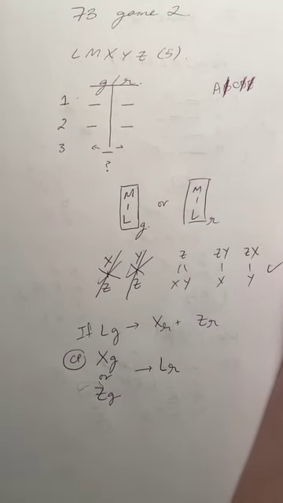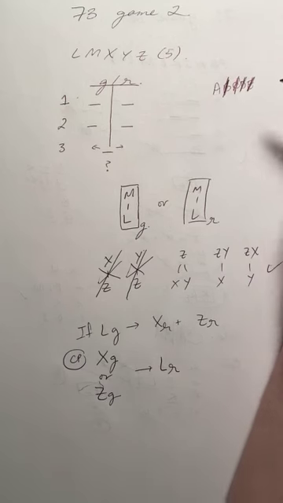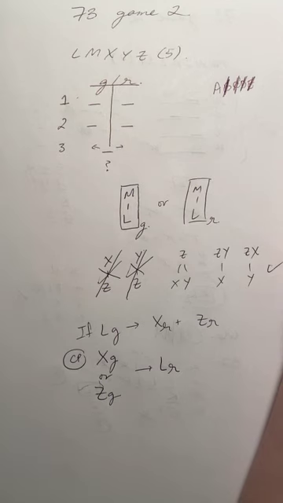So L in the gold room, X should be in the rose room, so C isn't allowed, right? We have L in the gold room, but then X is also in the gold room, so that's not allowed.